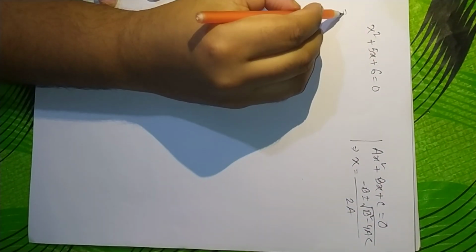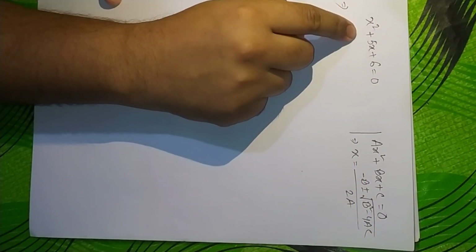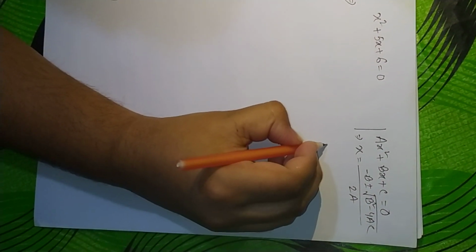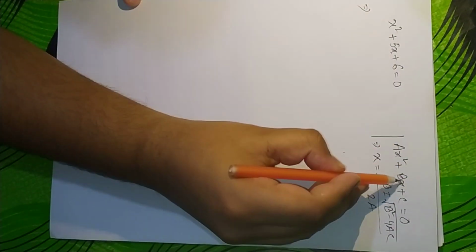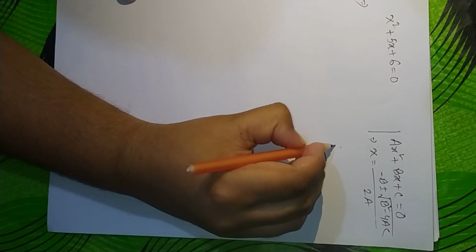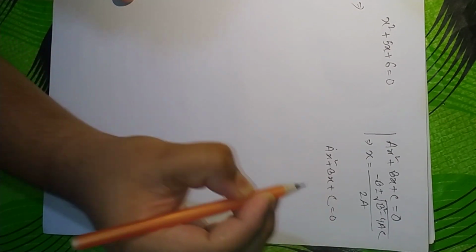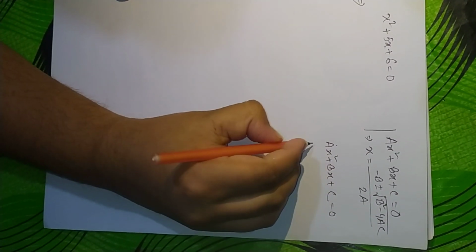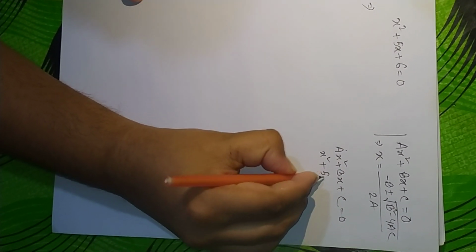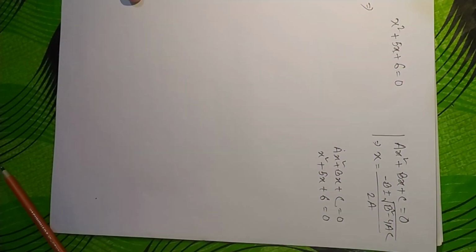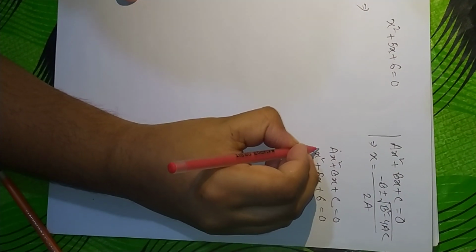To find the solution of this equation, first of all we have to compare. If we compare, ax square plus bx plus c equals 0 is our standard formula, and x square plus 5x plus 6 equals 0 is our given equation.